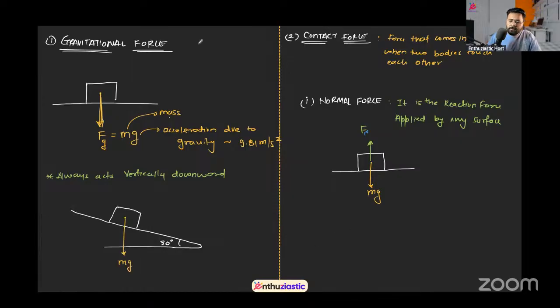Let's take another example. What if it's an inclined plane, at some angle, let's call it theta. If the block is placed here, now what will happen? Mg, that is the force due to gravity, will act straight down. So where will the normal force act?